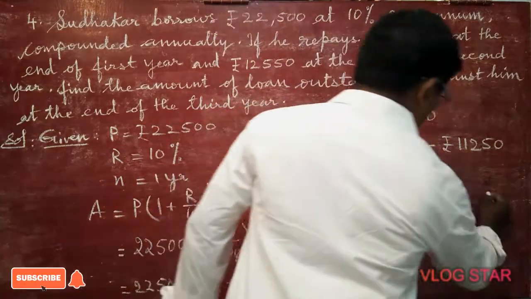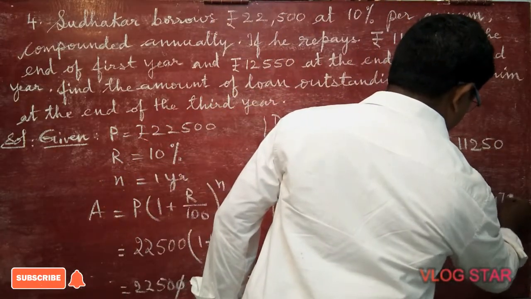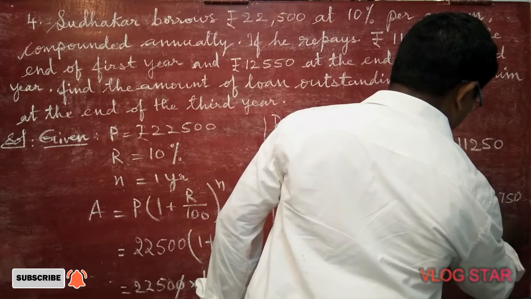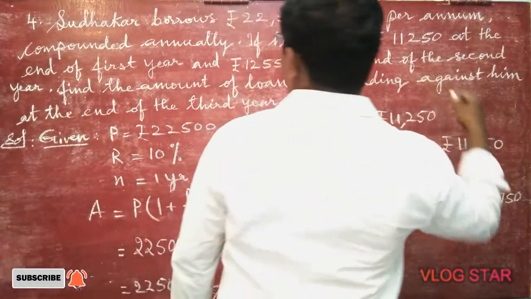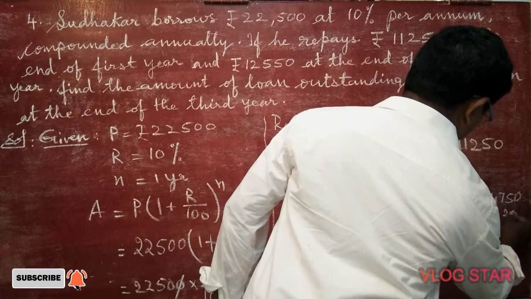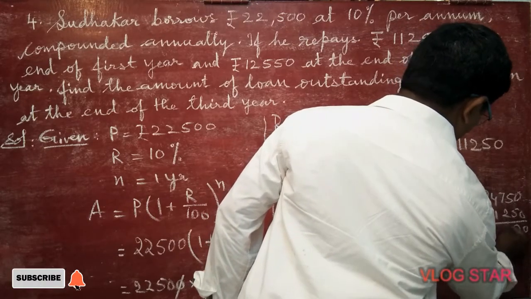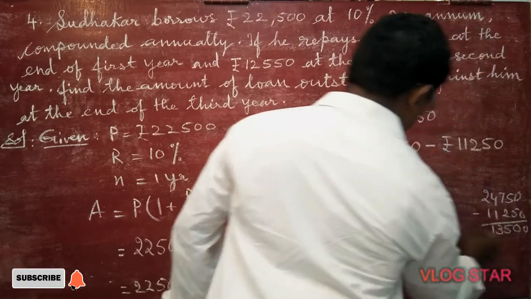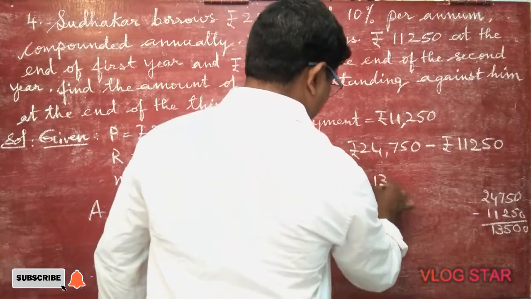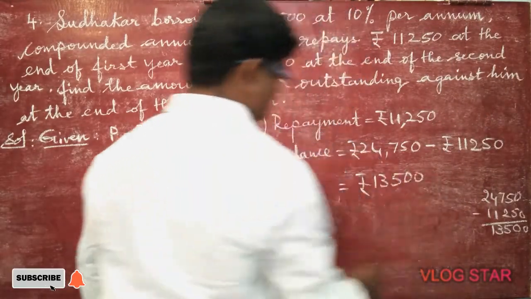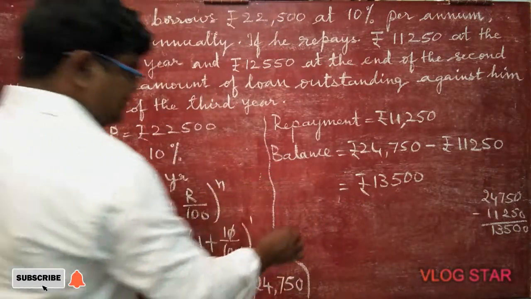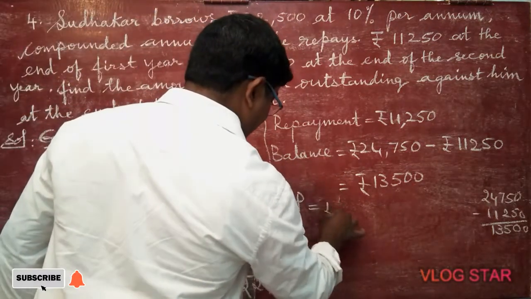Subtract: 24,750 minus 11,250. Balance is rupees 13,500. Now this will become the principal for the next year.